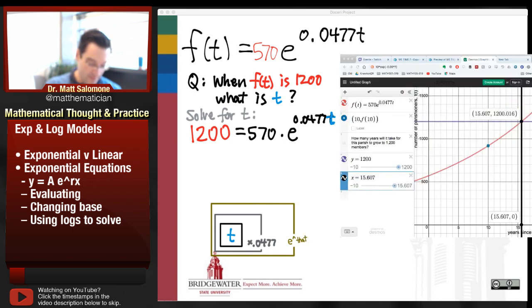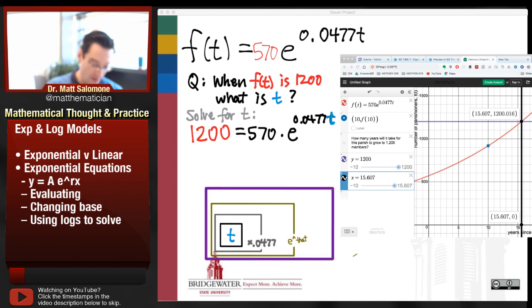So e to the that, I'm going to call it. Okay? That's the next layer of wrapping paper. And then finally, the very last layer of wrapping paper, the very last thing that's happening to this quantity, is it's getting multiplied by 570. So the outermost layer of wrapping paper is that multiplication. So the order of operations tells me how this package was wrapped.